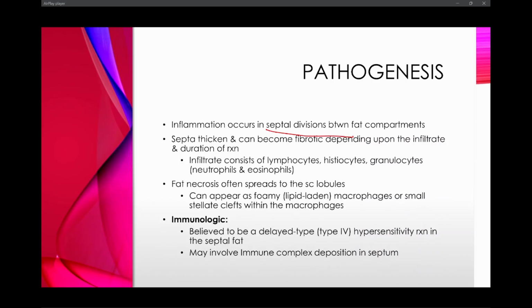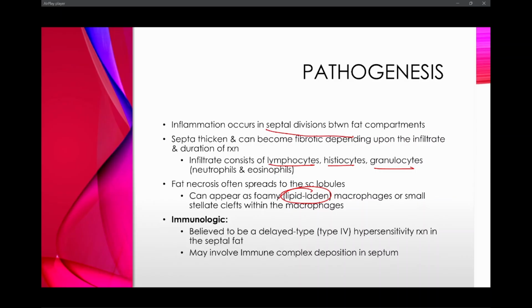The infiltrates will consist of lymphocytes, histiocytes, and granulocytes. The fat necrosis that starts in the septum will spread to the lobules in between. It can appear as foamy, lipid-laden macrophages. Not a big deal to know about that. Just know that it happens septally first and it spreads to the lobes of the fat.